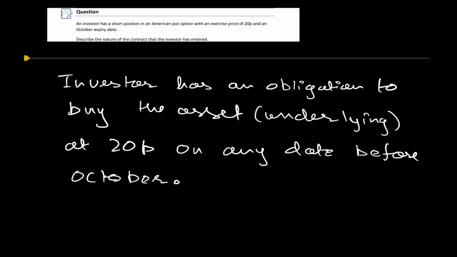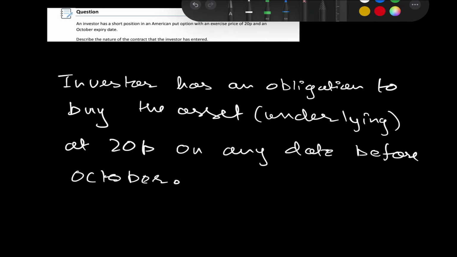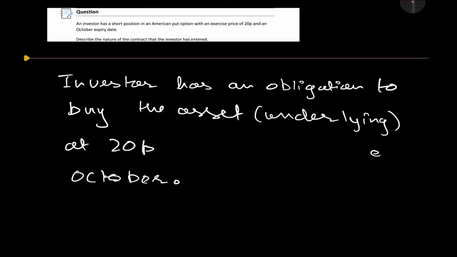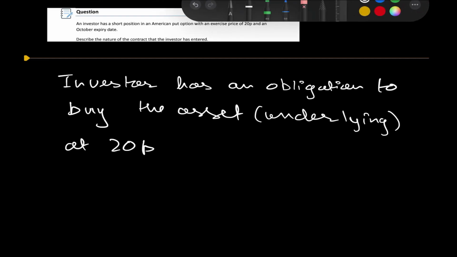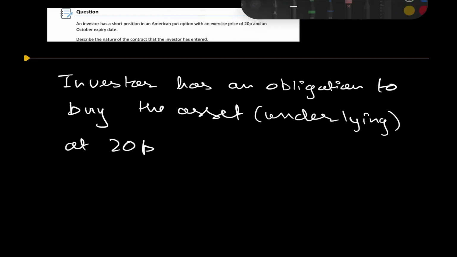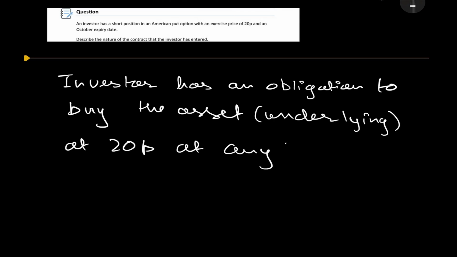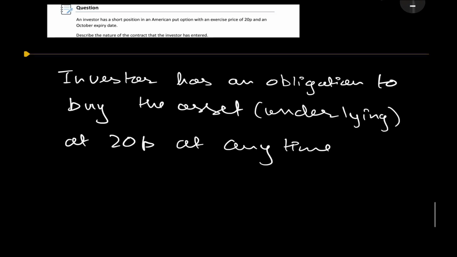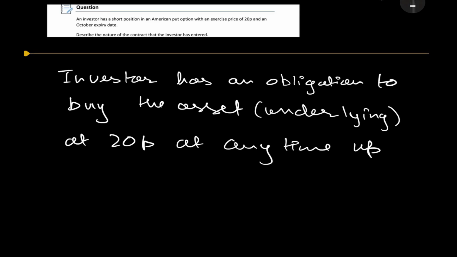So any day, so the obligation is there up to October. Up to October, right? At any time up to a date in October. So it can be any date.